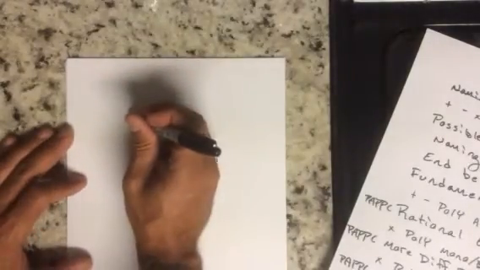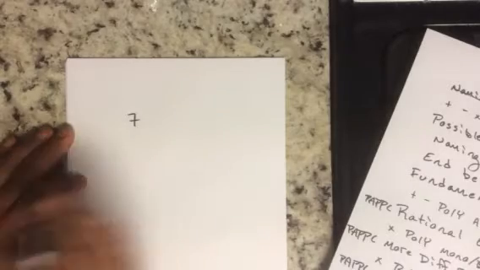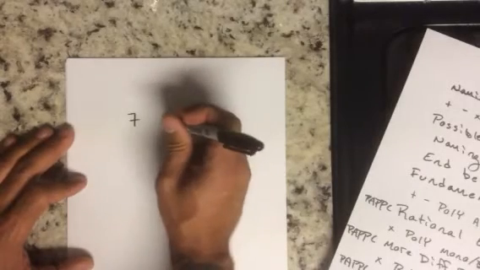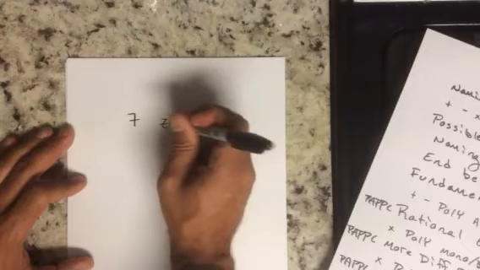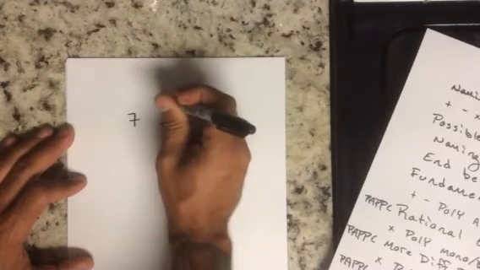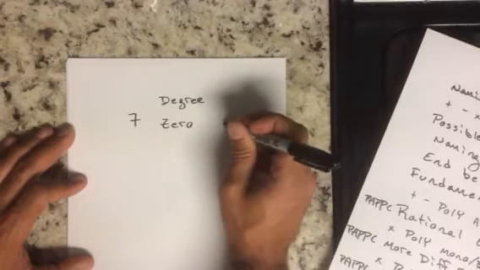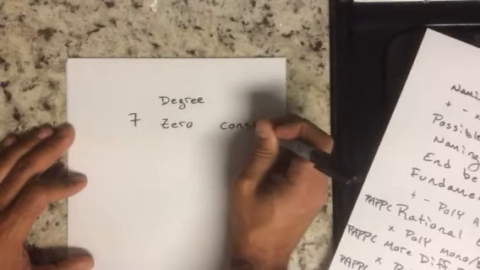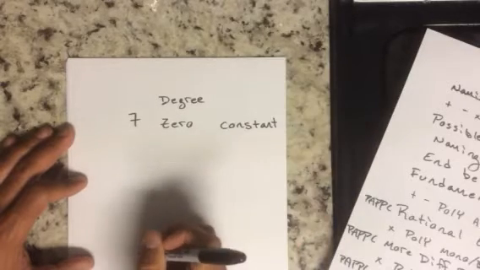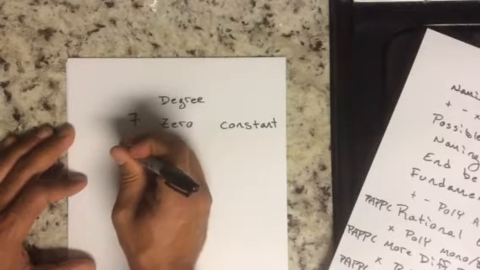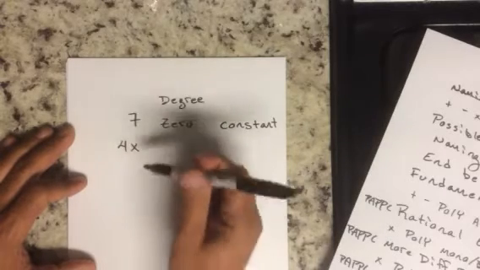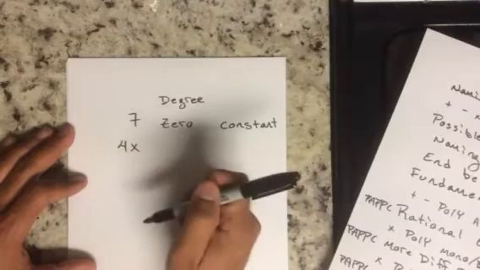If I have something like this, there's no variable, that's a degree of 0. So that's going to be called a constant. And a constant just means that it's a number. If I have something like this, remember that the x has an exponent of 1.